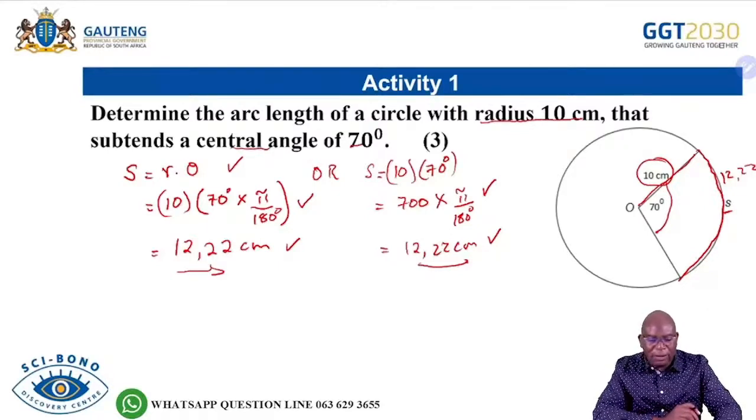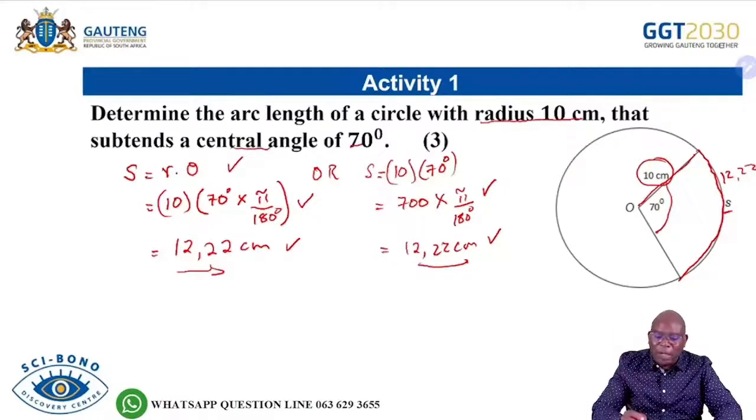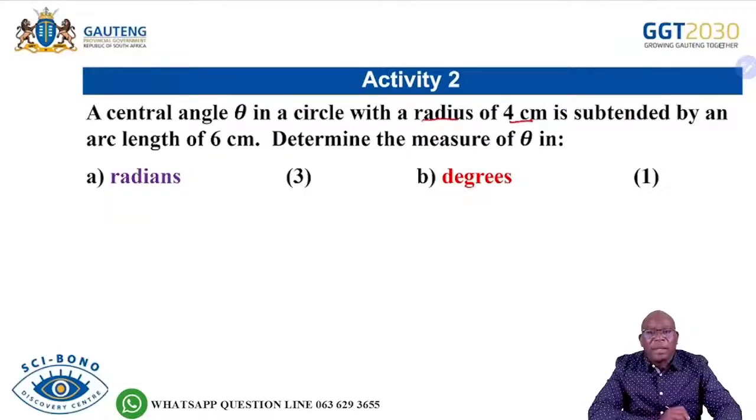The next activity says a central angle theta. The sketch is not given, but we know the central angle theta is in a circle with a radius of 4. So what is given here is a radius. It's subtended, very important, by an arc length.